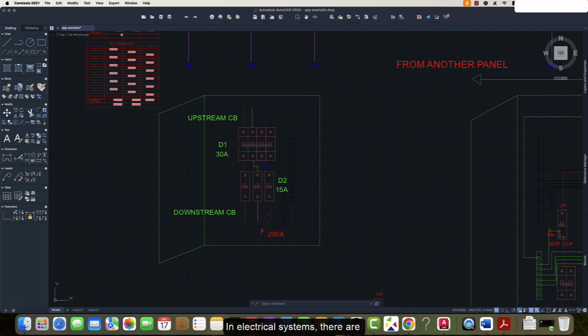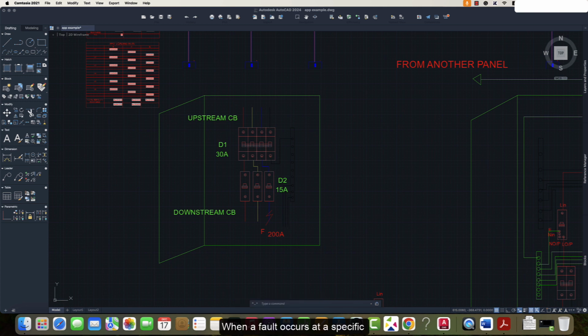In an electrical system, there are protective devices such as circuit breakers and fuses that are designed to respond to faults, abnormal conditions such as a short circuit or overload in the system. These devices need to be coordinated to ensure that the one closest to the fault responds first.